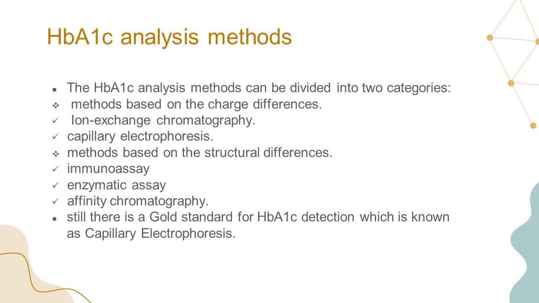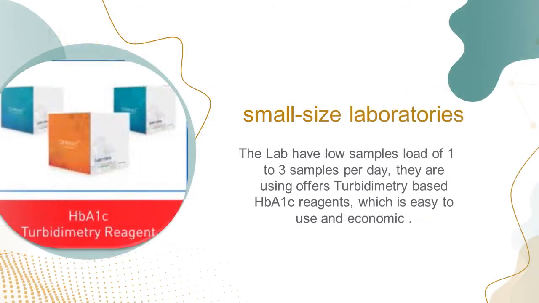Methods based on structure difference, for example, immunoassay, enzymatic assay, and affinity chromatography. The gold standard for hemoglobin A1c detection is capillary electrophoresis.